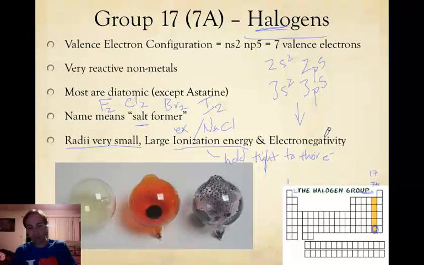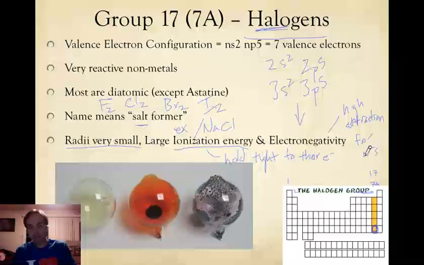In terms of electronegativity, that is also very large, so they have a high attraction for electrons. They love to pick up new electrons. So it's kind of the opposite of group 1. Group 1 was big and didn't care about its electrons. Halogens, on the other hand, are very tiny, and they love electrons.